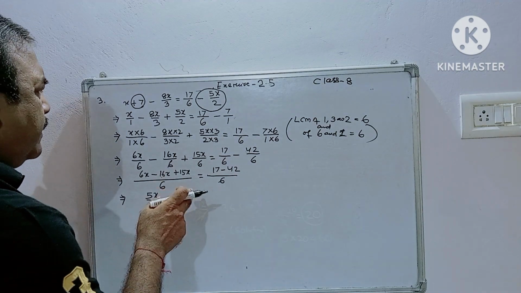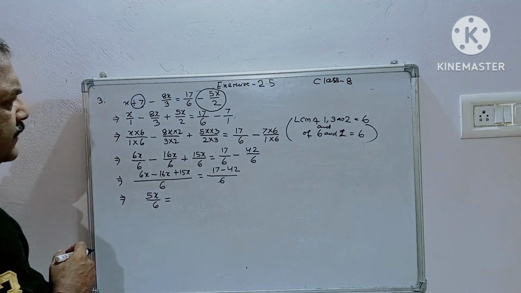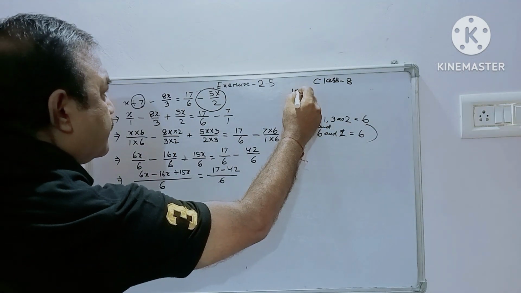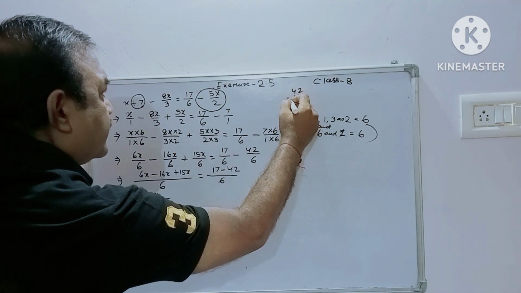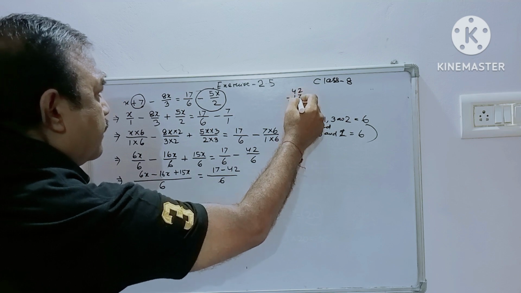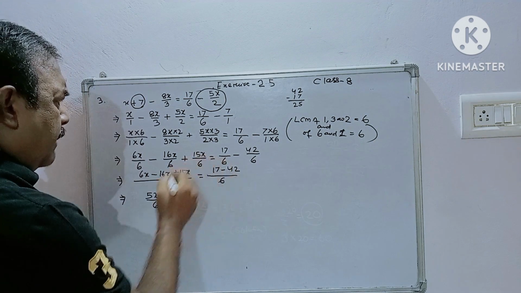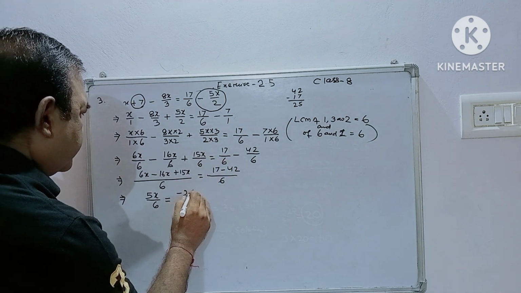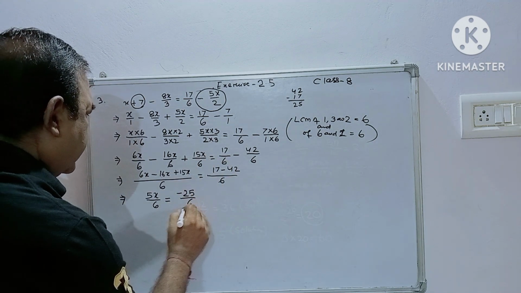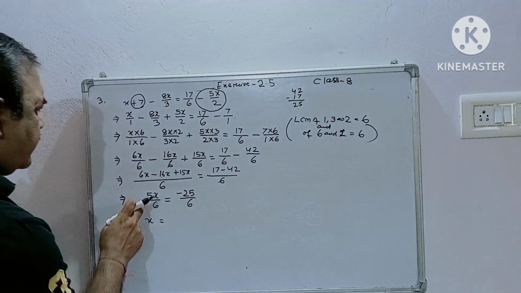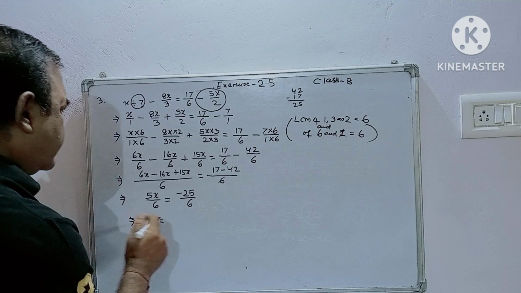What is that value? 42 minus 17, so 12 minus 7 is 5, so it is minus 25 upon 6.